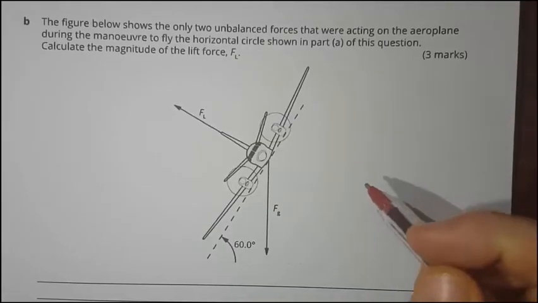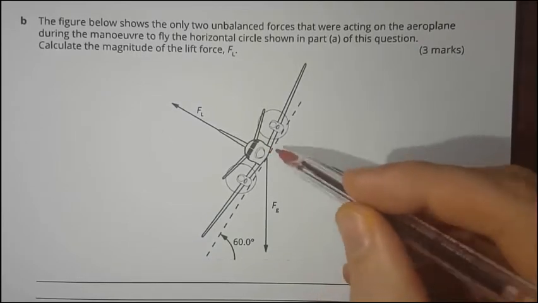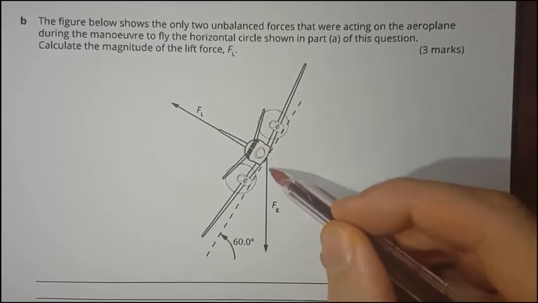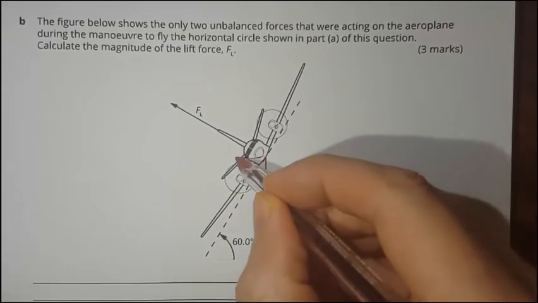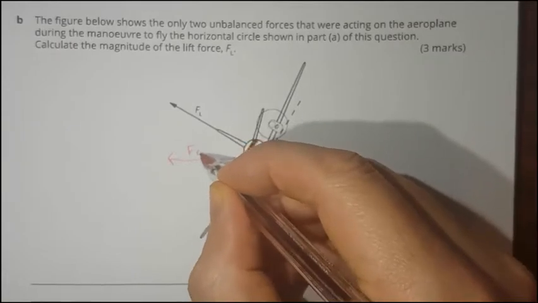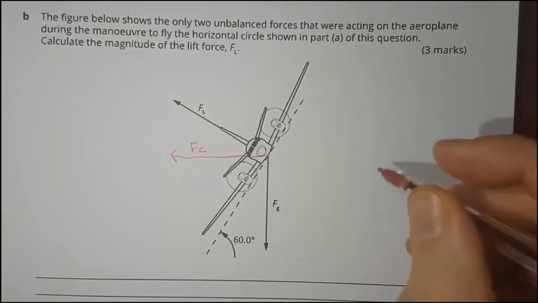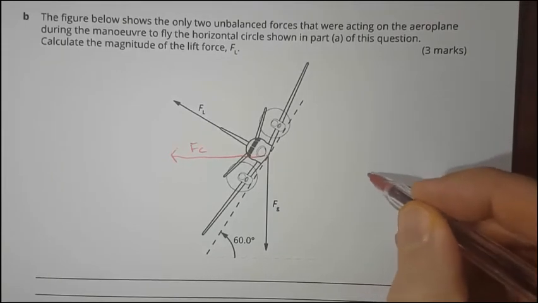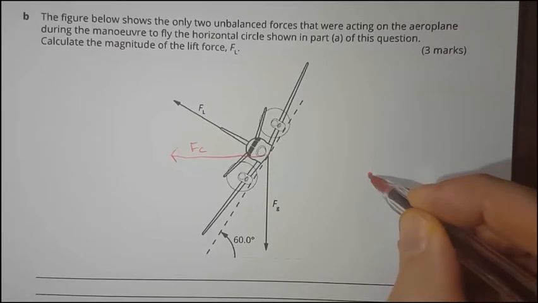Okay, part B, we can start talking about banked angles. What we've got here is a situation where you've got a gravitational force, it's also creating a lift force, and the final product of that is that you have a net force that is your centripetal force. So the first thing that I would do in this case is actually draw a vector diagram.